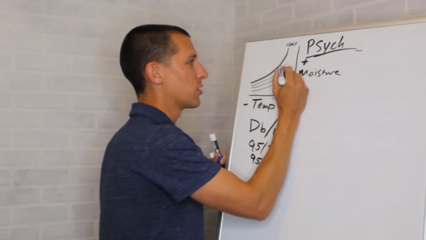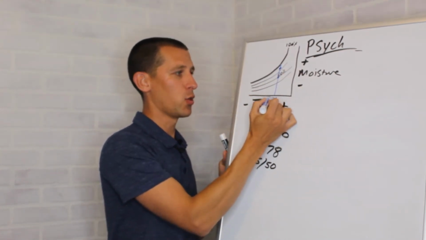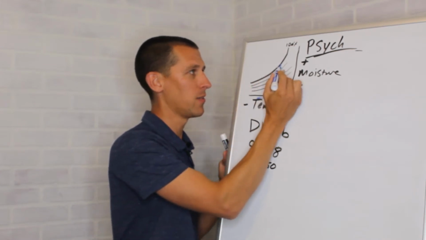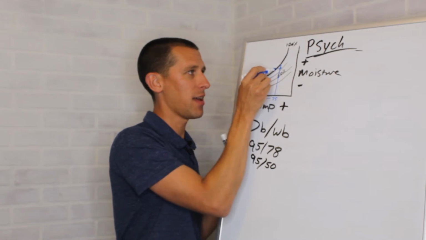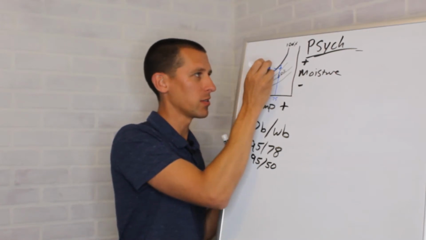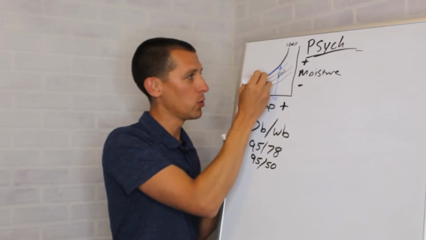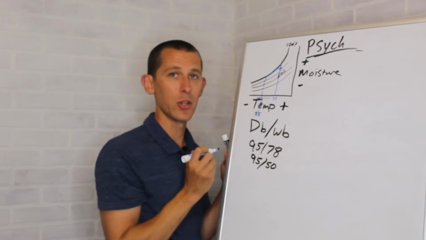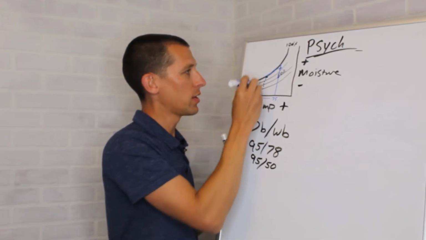So what an air conditioner is going to do, let's say we start right here. An air conditioner is going to start cooling, and cooling will be moving us that direction. We're going to move over that direction and hit this line. When we hit this line, we're just going to slide right down as far as we keep cooling. So if we cool to, let's say, 55 degrees, that's where we are.